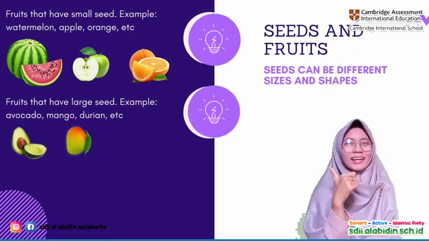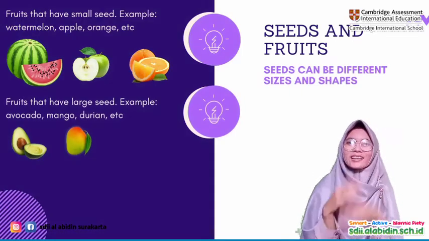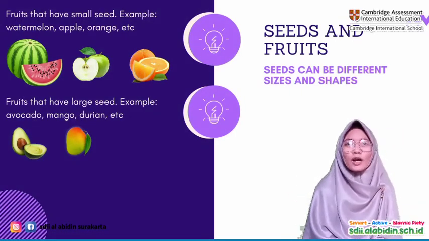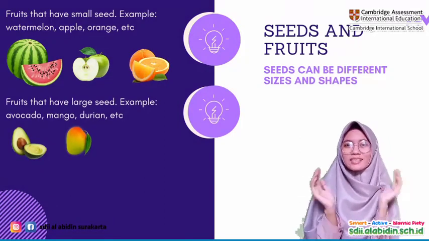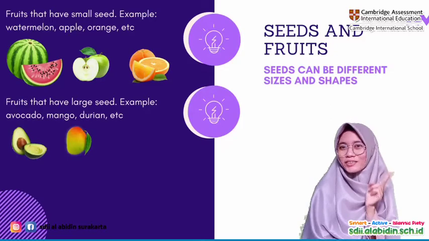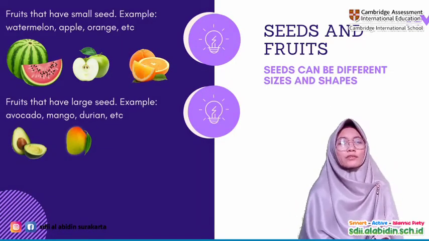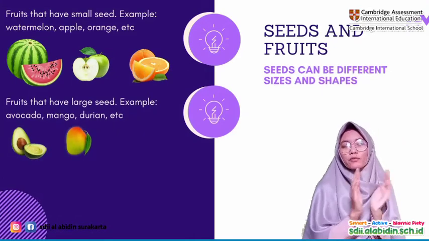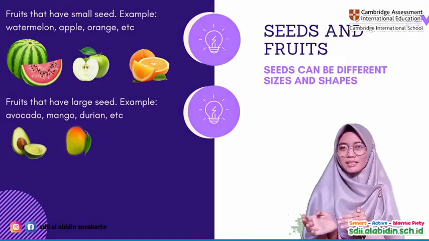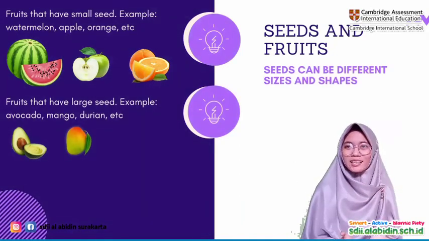Watermelon, apple, orange, and any other. And what fruits have large seeds? Avocado, durian, mango. Good. Now, if you compare an avocado seed and an apple seed, they must be different. The avocado seed is larger than the apple seed.